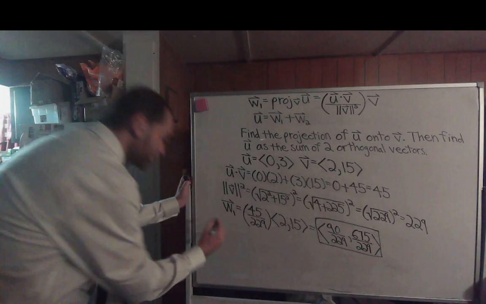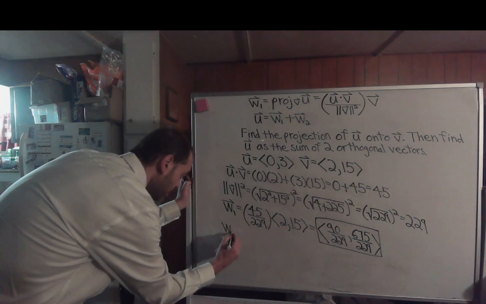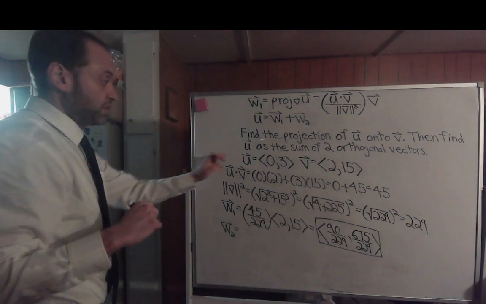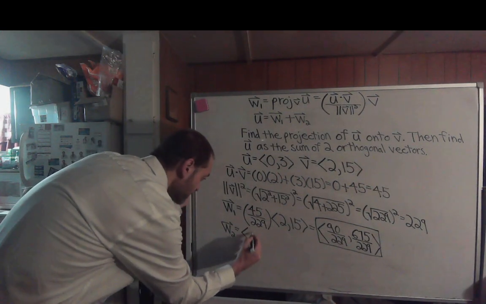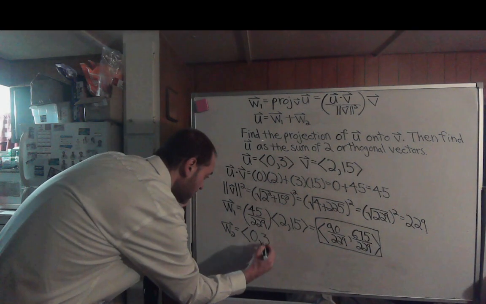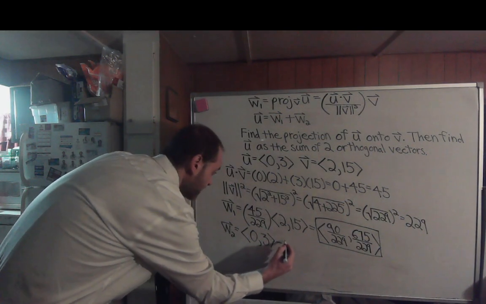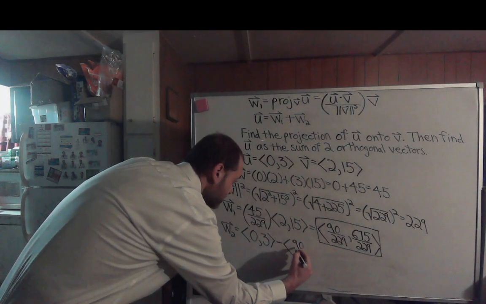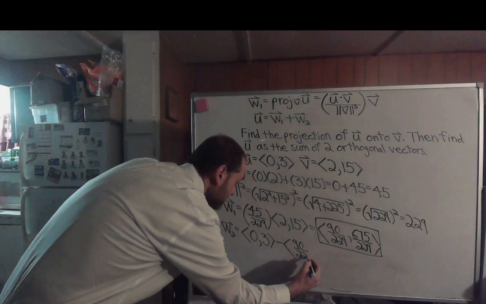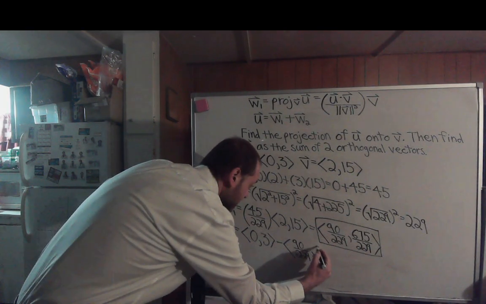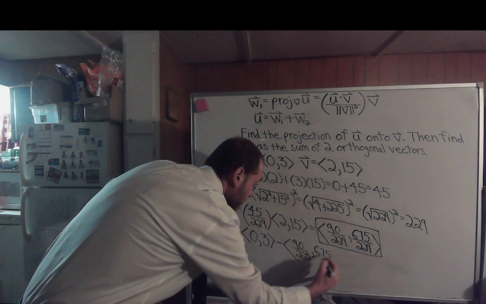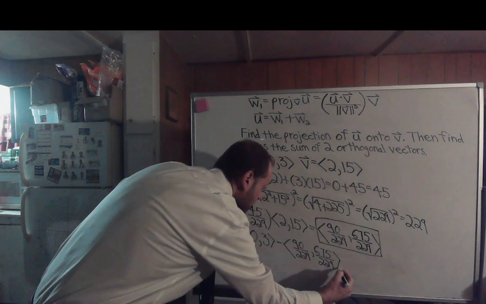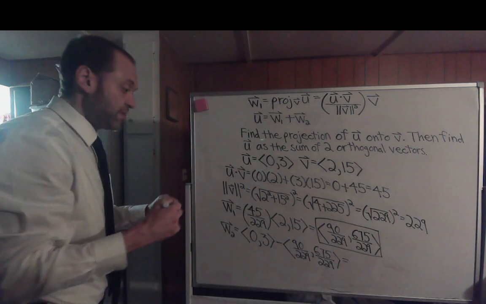Now let's find vector W sub 2. That can be found easily by taking vector U, which is going to be 0, 3, and then subtracting vector W sub 1, which would be 90 229ths, 675 229ths. So let's take the final result.